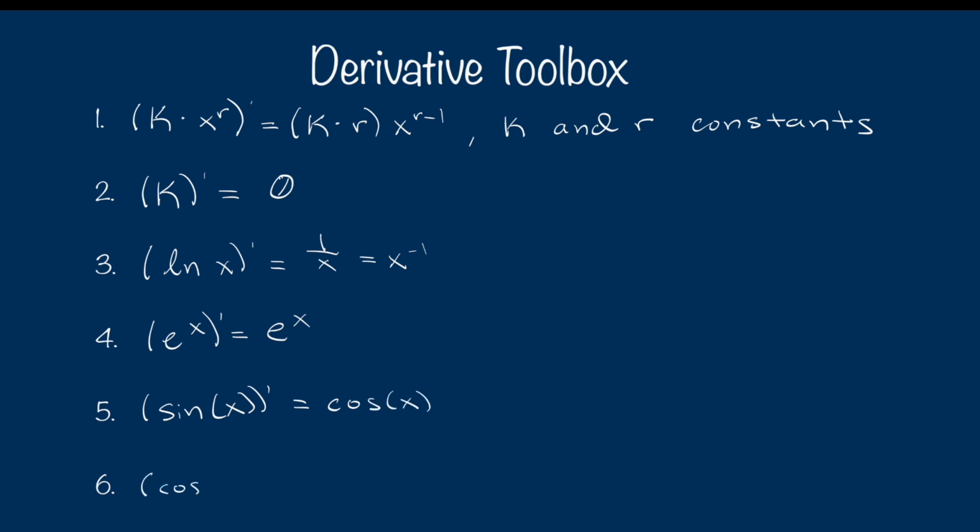And then our derivative for cosine x is just going to be negative sine x. So again, these are just useful to know right off the bat, so it's a lot easier and a lot quicker to do your derivatives.